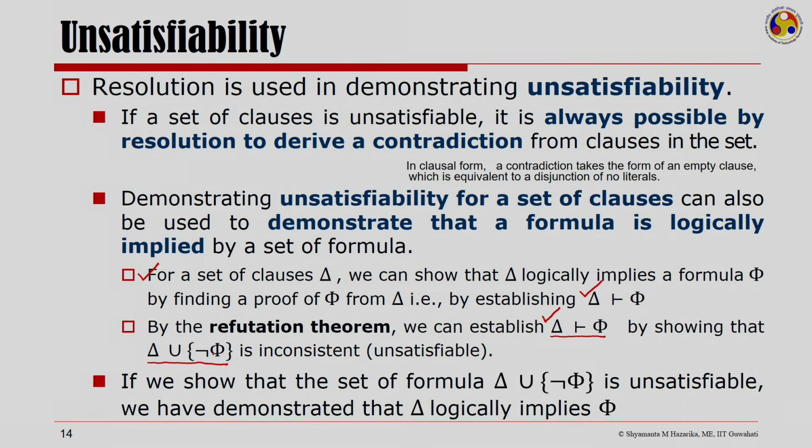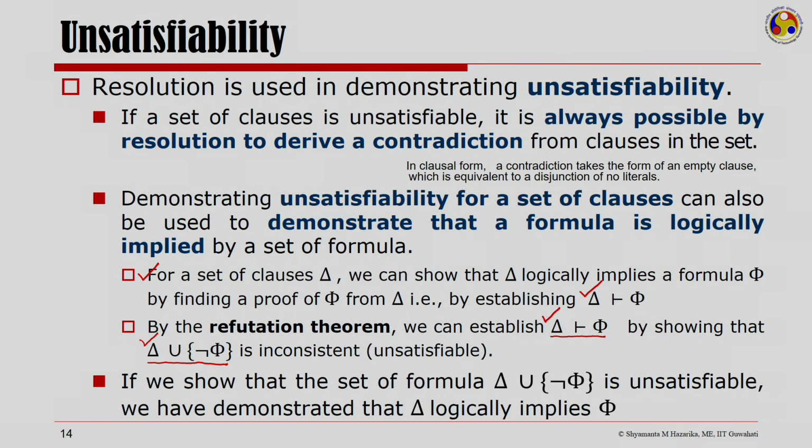and add it up to not of phi, if that becomes inconsistent or unsatisfiable, lurking in this set of clauses somewhere I already have phi. That is why adding not of phi brings in a contradiction, and that is why, by the refutation theorem, we can show that delta derives phi by showing the union of delta and not phi is inconsistent.